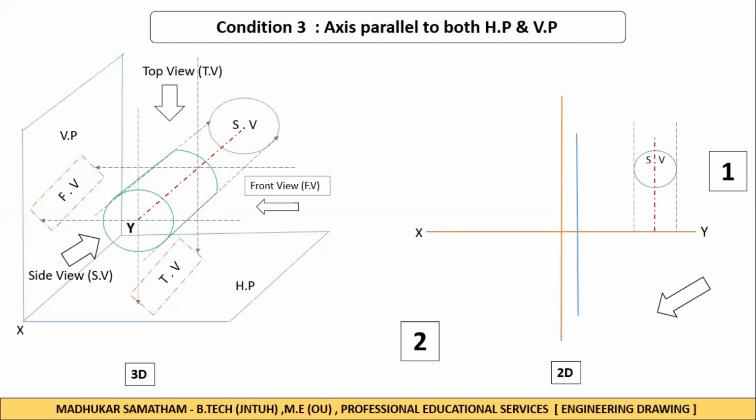Then we extend the vertical lines towards the XY plane. To transfer from the side view to the top view, we use 45 degree lines. We extend these three vertical lines at a 45 degree angle up to the reference plane, which is shown on the screen.